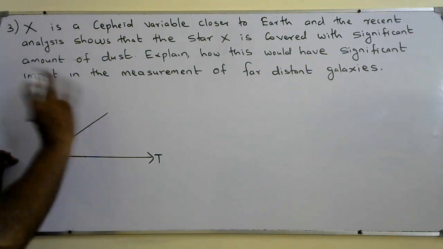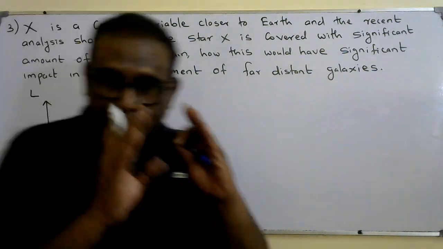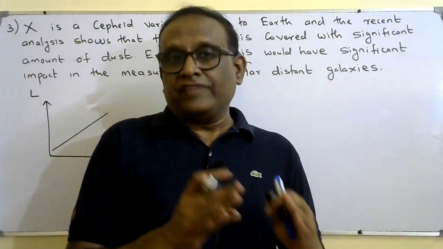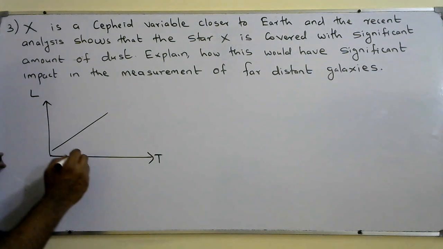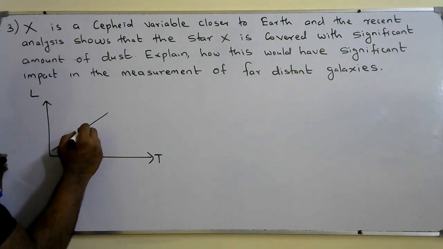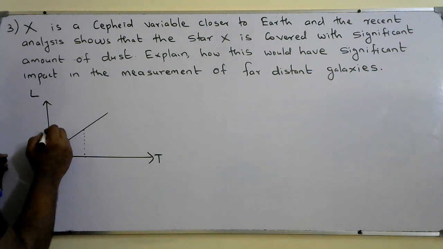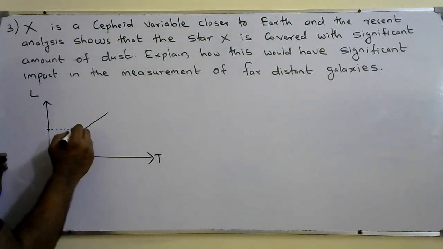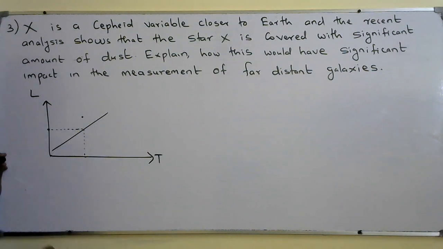For that time period, we got this luminosity value, but actually that luminosity should be higher.